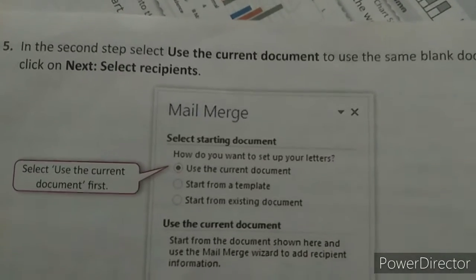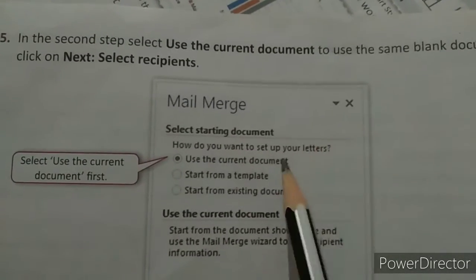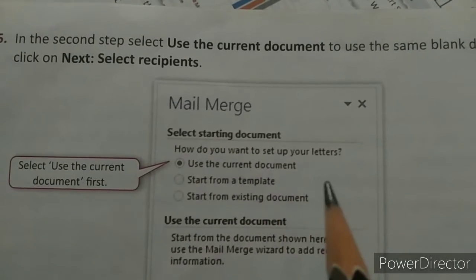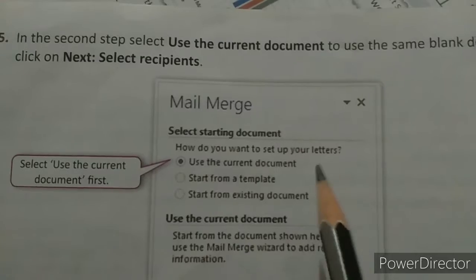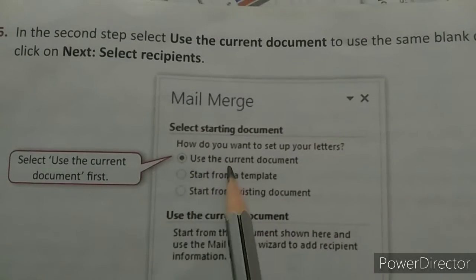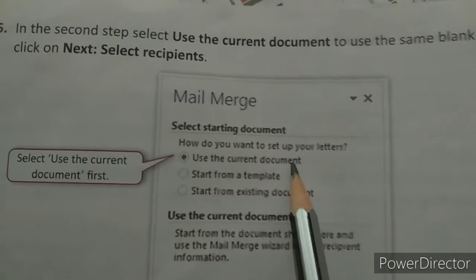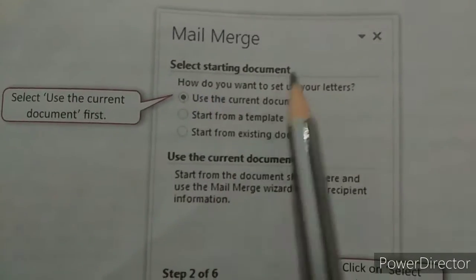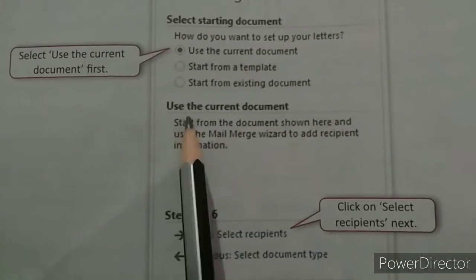It may already be written, but here we are taking the blank document which we have opened. That is why we will click this radio button, Use the current document, which is the blank document we have opened.